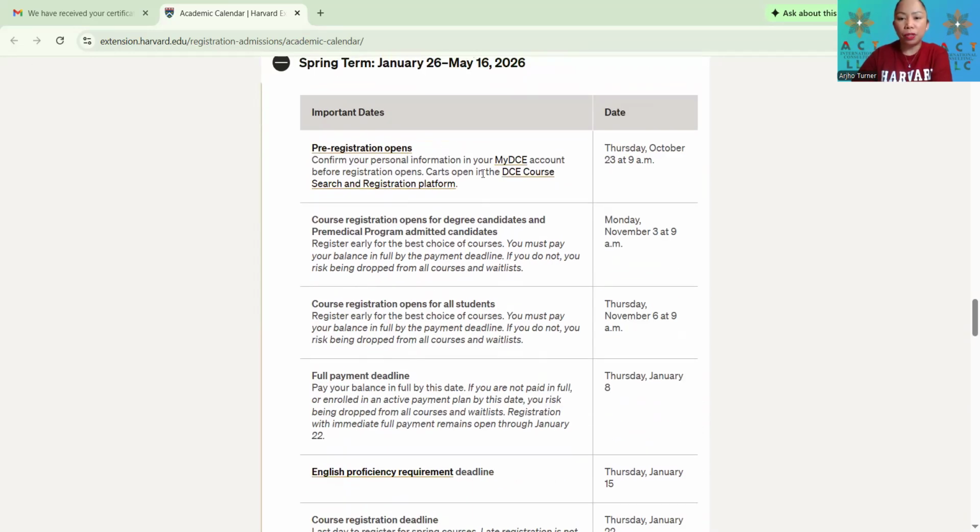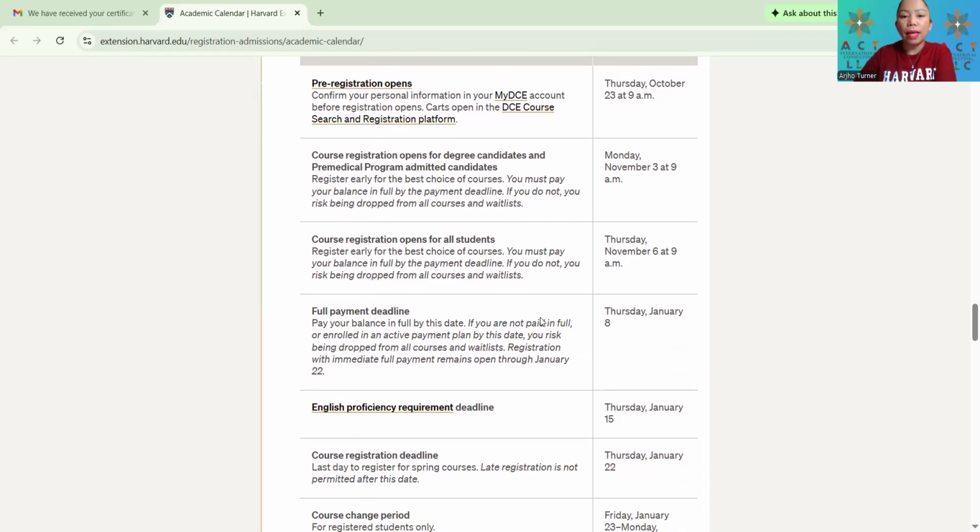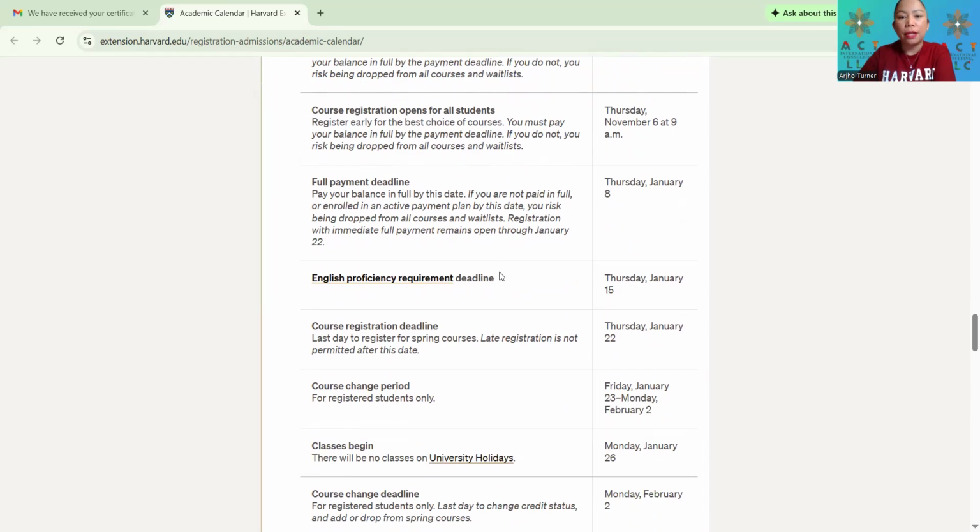I did my pre-registration when it opened back on October 23rd. I have to go to my DCE account. You will have this portal established when you become a student. Then I have to do the course registration. It opened last November, so I took that opportunity to do my registration.